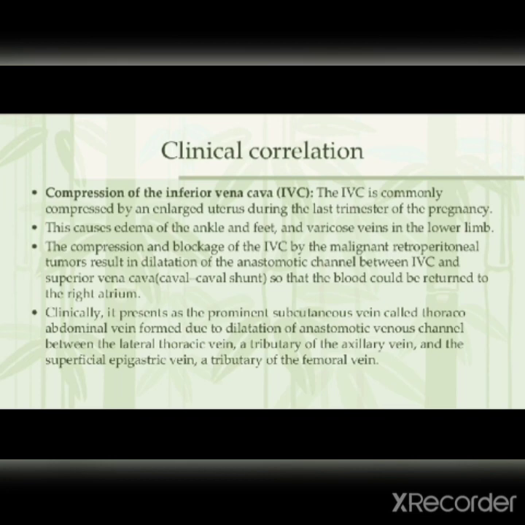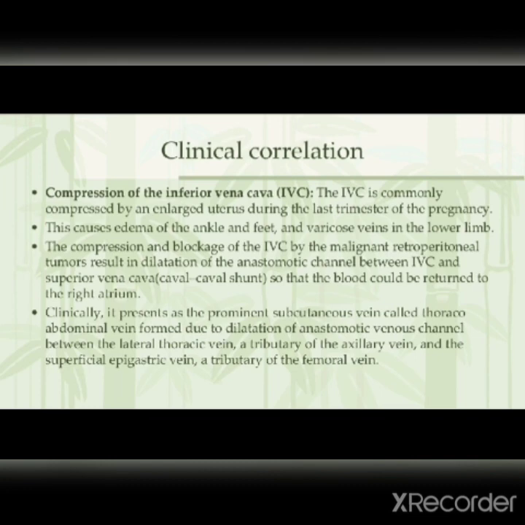The compression and blockage of the inferior vena cava by malignant retroperitoneal tumors result in dilatation of the anastomotic channel between the inferior vena cava and superior vena cava, the cavocaval shunt, so that blood could be returned to the right atrium.